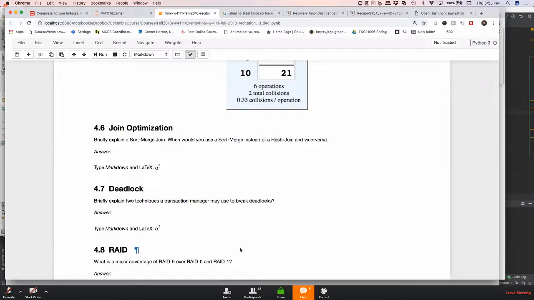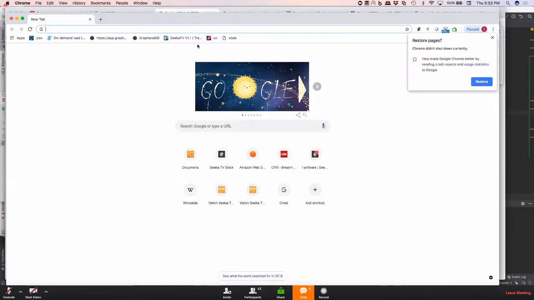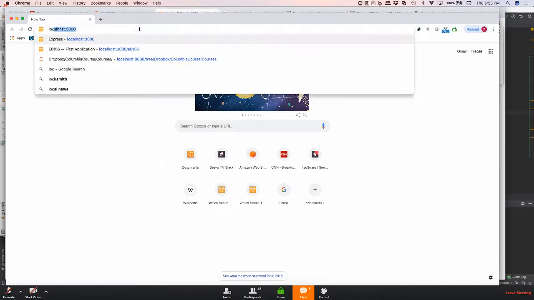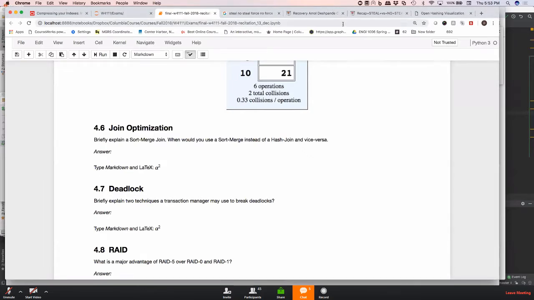Fortunately, that was not part of the question, right? So here's the way to think about it. We're going to go find this. So Lucidchart. Again, right here. That's not it. Is this one Lucidchart?